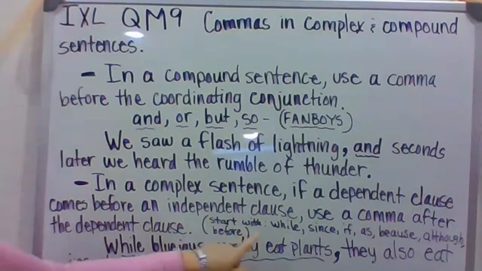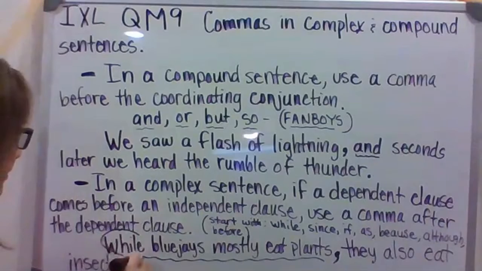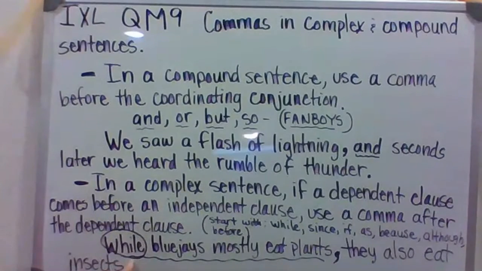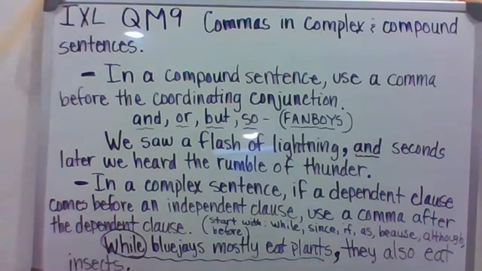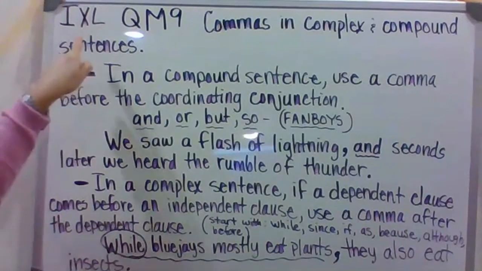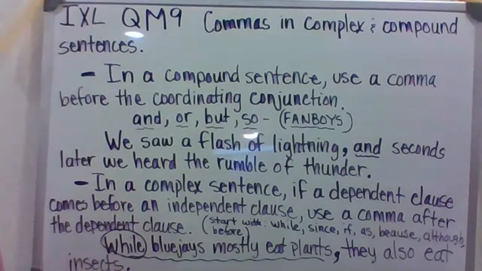So if you hear these words, while, since, if, as, because, although, before, that means you're starting with that dependent clause, and then you'll insert the comma after that dependent clause, and then you'll see the independent clause. Okay? All right, so again, this will help support you with your IXL lesson today. It is QM9, working with commas in complex and compound sentences.